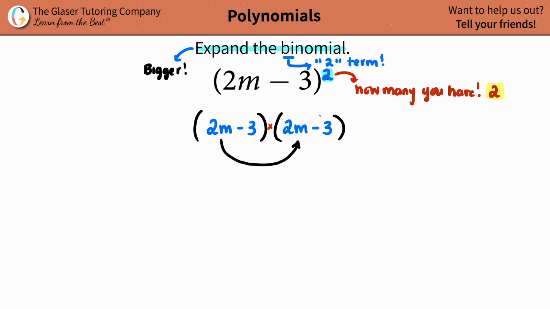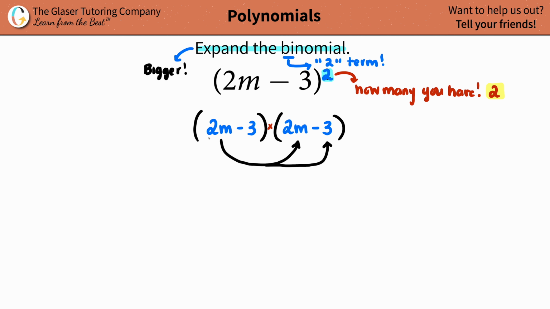But as that's happening, the negative 3 is like, oh, I want to be multiplied too. So that's where the fairness comes in. You must take your first term and exhaust all your options. Take that 2m and times it by the 2m, and then take your 2m and times it by the negative 3. Let's do the math, and then we'll come back to the next term.